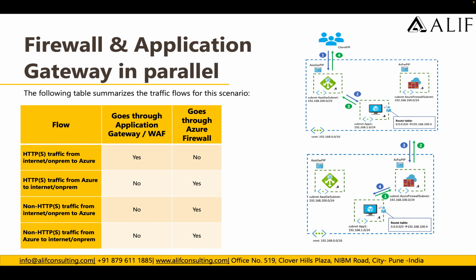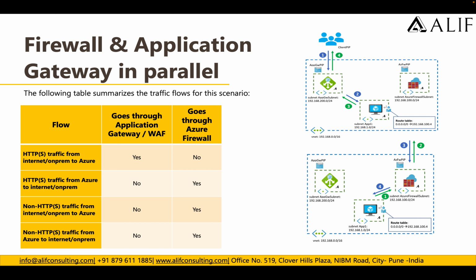In this case, what is going to happen? It can provide you WAF for HTTP traffic from the internet and on-premises to Azure. It can provide protection for all the traffic going outside, because the rest of the outgoing traffic, non-HTTP or HTTP, will get out directly from the Azure Firewall.